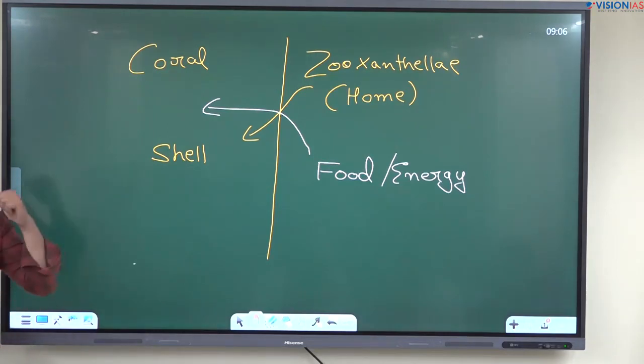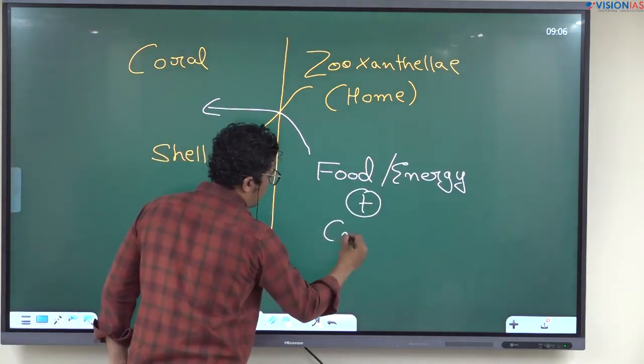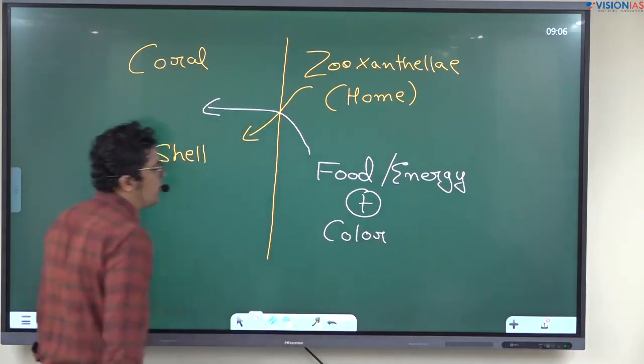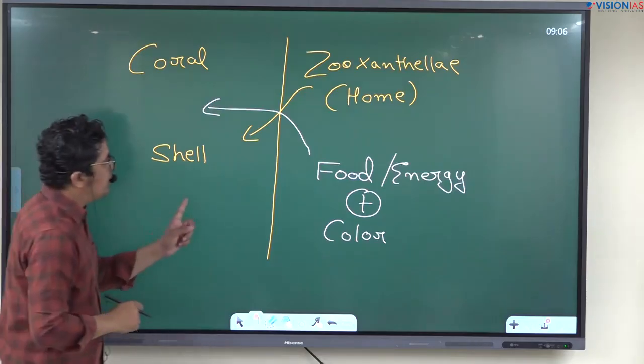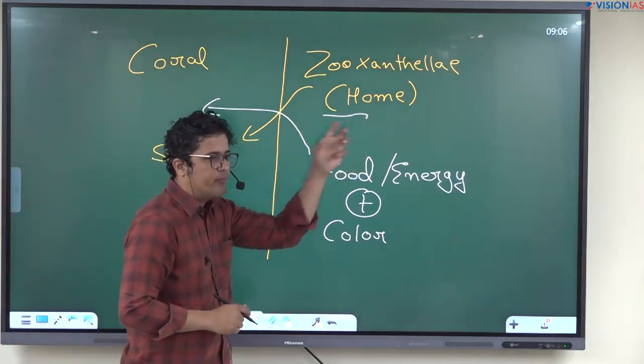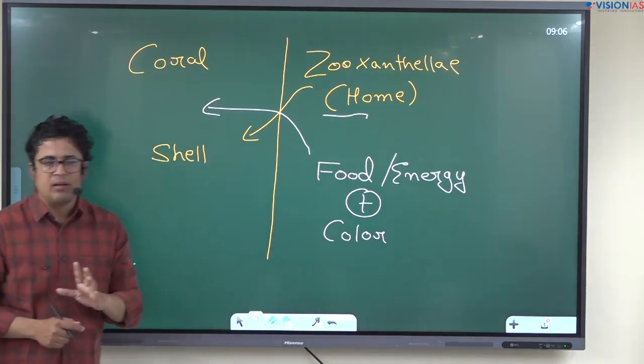Also, in the image that you saw, corals were of different colors. That color is also provided by the zooxanthellae. So it's an exchange between them. Zooxanthellae are getting a home, a place to stay. Corals are getting food and color.